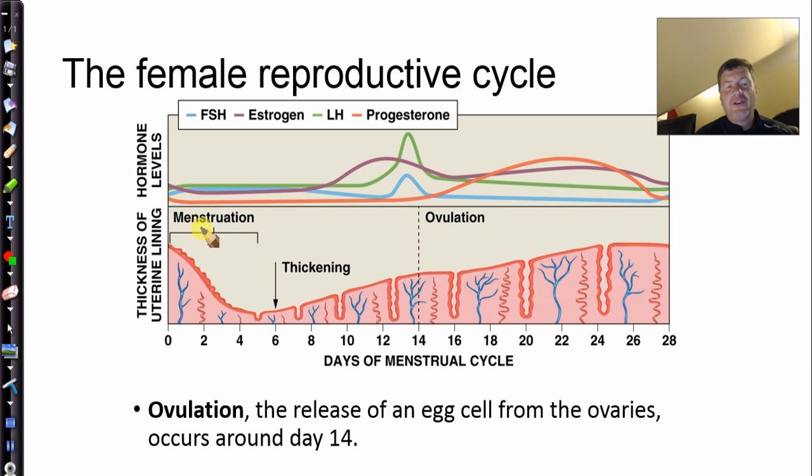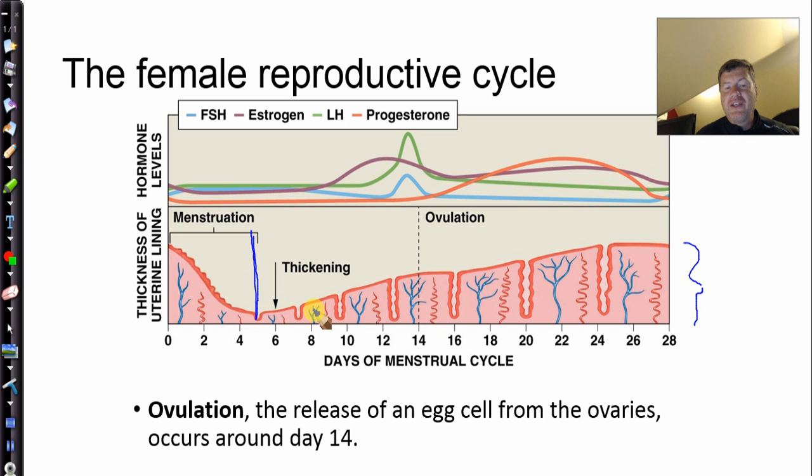They're showing you here the menstruation. The first about 5 days of the cycle is going to be the shedding of some of the uterine lining. The thickness of this bar here is showing you the thickness of the endometrium, which is the lining of the uterus. So in the first 5 days, she sheds that.